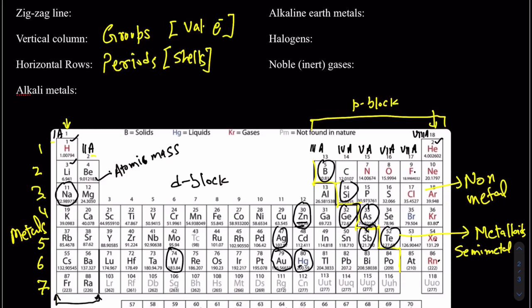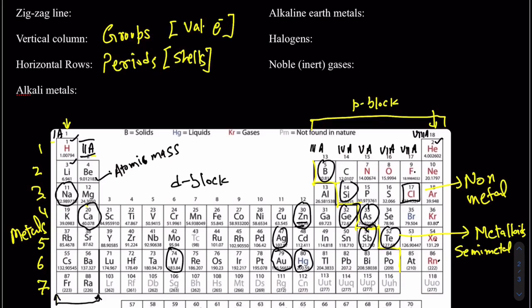If I'm talking about, let's say, calcium, and the question asks how many valence electrons calcium has, you don't want to draw the structure of calcium to figure out how many valence electrons it's going to have. Calcium is actually in group 2A, so that means it will have 2 valence electrons. Let's take another example. What if I have chlorine?